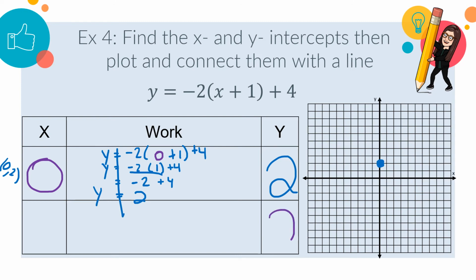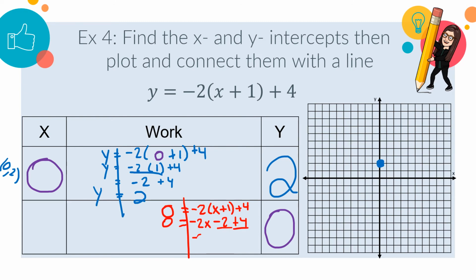Let's try the opposite, meaning let's rewrite the function, but this time instead of y, I'm putting a 0. First step, distribute. Negative 2x minus 2. The plus 4 falls down. Let's combine like terms.